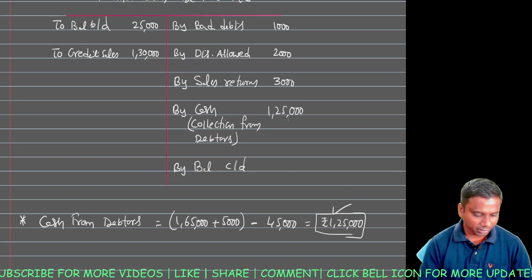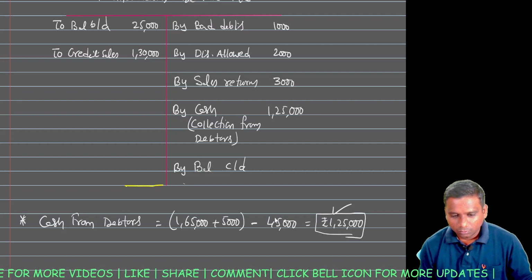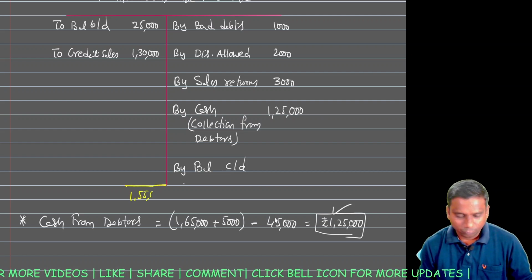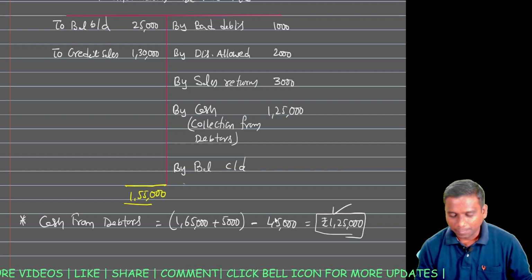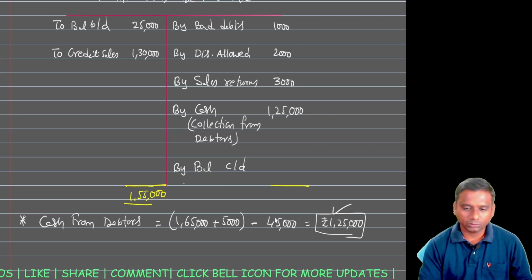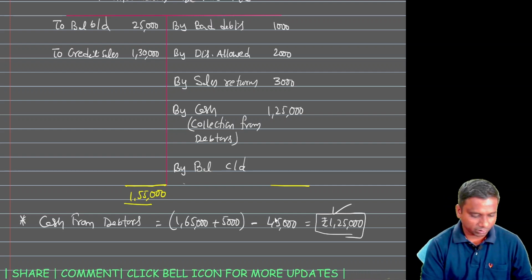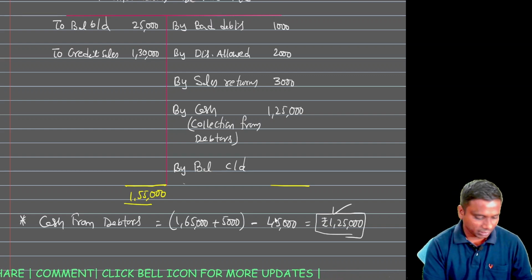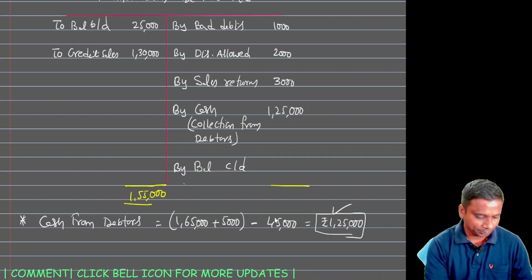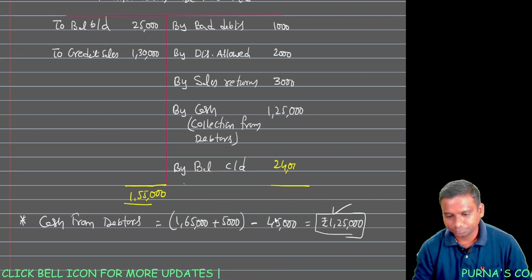Now balance this account. 25,000 plus 1,35,000, 1,55,000, minus 1,000, 2,000, 3,000, that is 6,000, plus 1,25,000, 1,31,000. 1,31,000 minus 1,55,000. How much? 24,000.